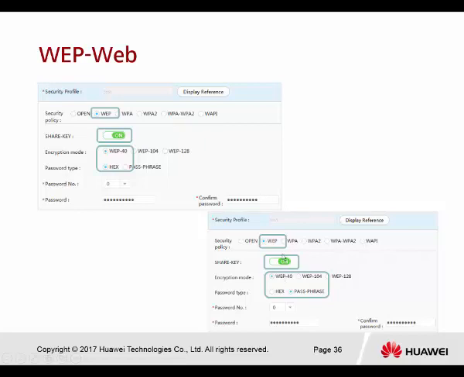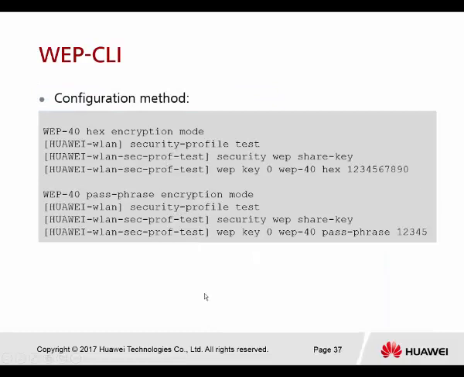So there are two different options here. The difference is that one uses hex and the other uses a passphrase. And right here is the CLI. For the CLI, you have to enter the WLAN view and create the security profile. After you have entered it, remember to change your security mode.